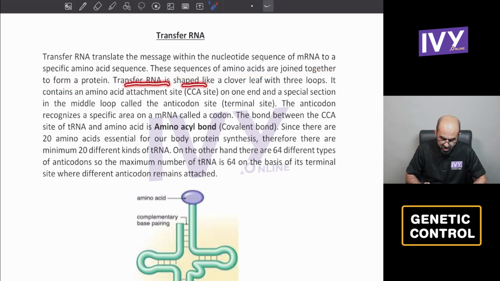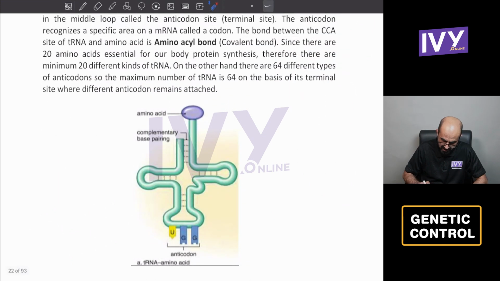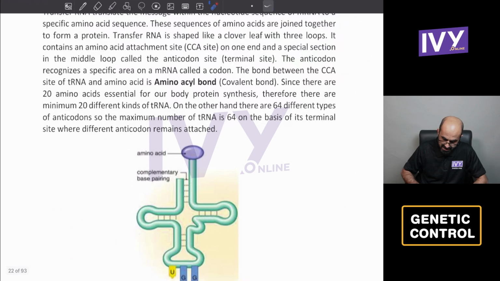Transfer RNA is shaped like a clover leaf plant. If you see the diagram here, it's like the clover leaf plant shape. And within three loops here, it contains an amino acid attachment site called the CCA site. This is actually the CCA site, because we also have non-specific base pairing here, unpaired bases.